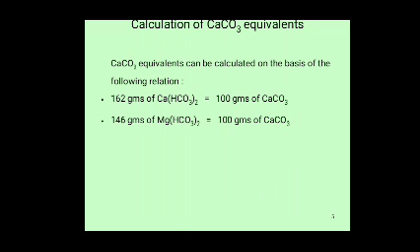146 grams of magnesium bicarbonate is equal to 100 grams of calcium carbonate. Magnesium bicarbonate has 1 magnesium, 2 hydrogen, 2 carbon, 6 oxygens. Magnesium atomic weight 24, hydrogen atomic weight 1, carbon atomic weight 12, oxygen 16.